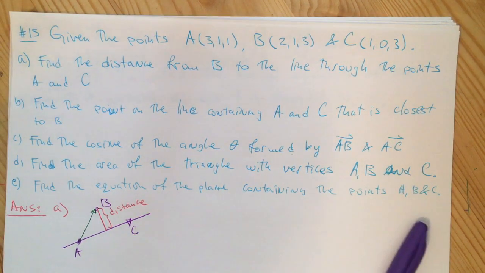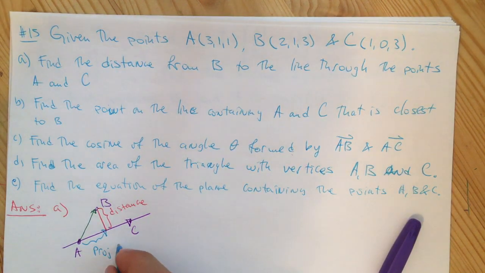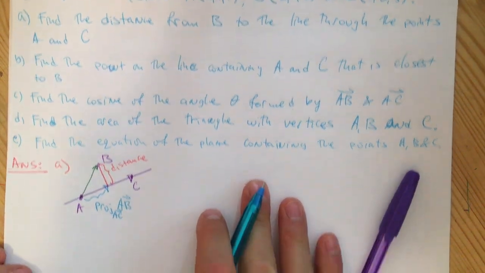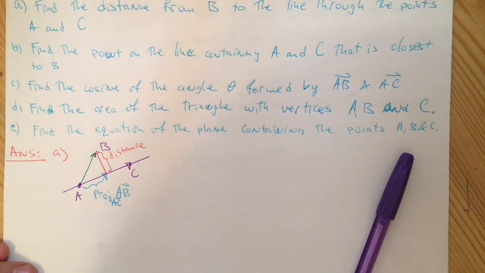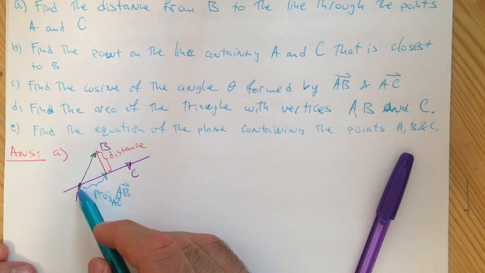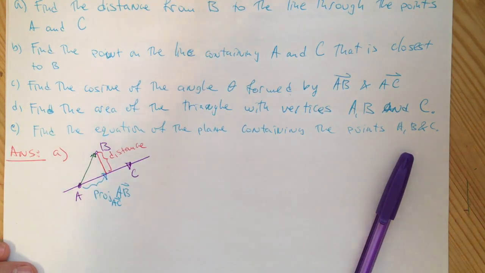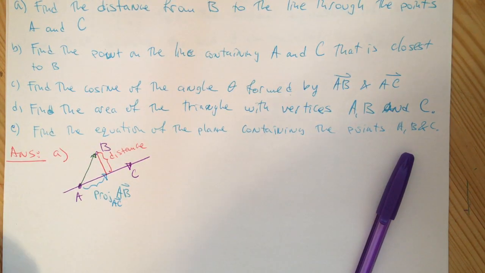That projection is going to be this one right here, the projection of AB onto AC. If I find the difference between the projection and the vector AB, I'll find this vector right here. The magnitude of that vector is going to be the distance.